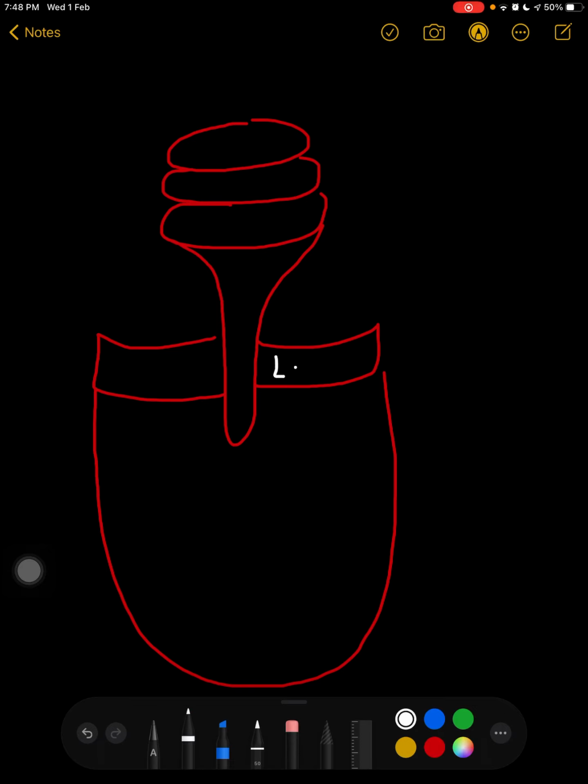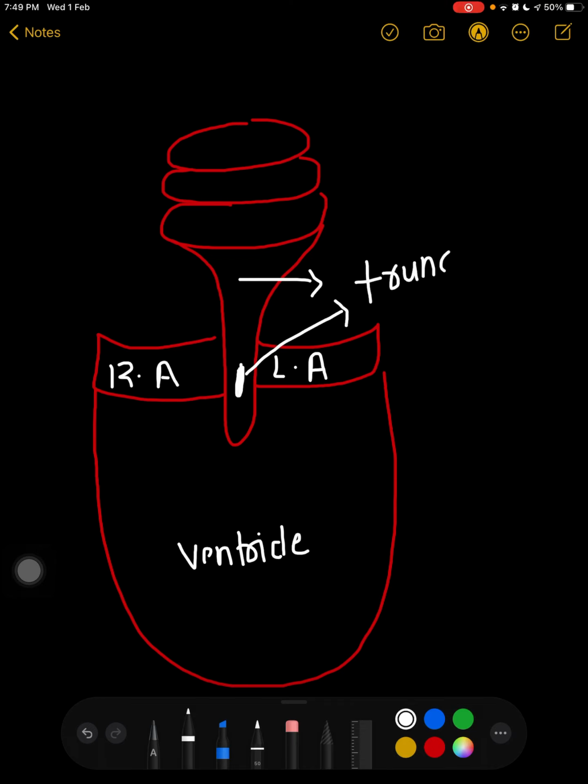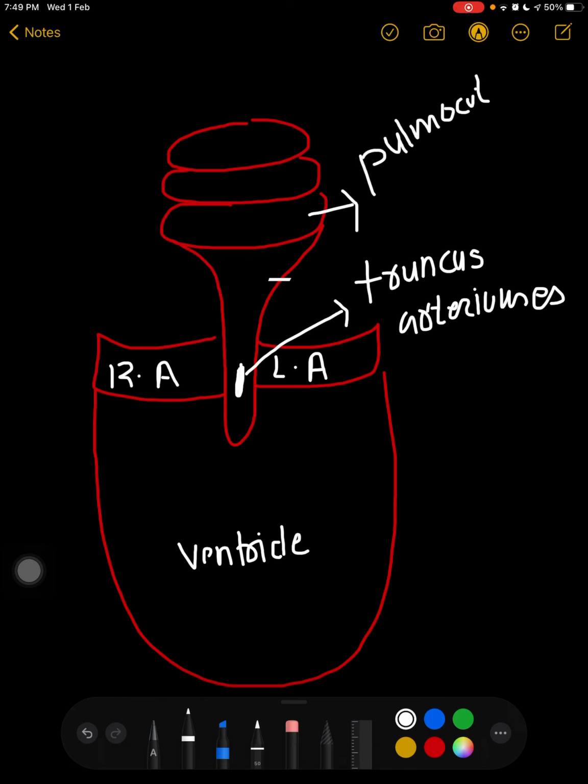So basically this is left atrium, this is right atrium, this is ventricle, right, and this region is known as truncus arteriosus, and here is pulmocutaneous. This is known as pulmocutaneous arc.